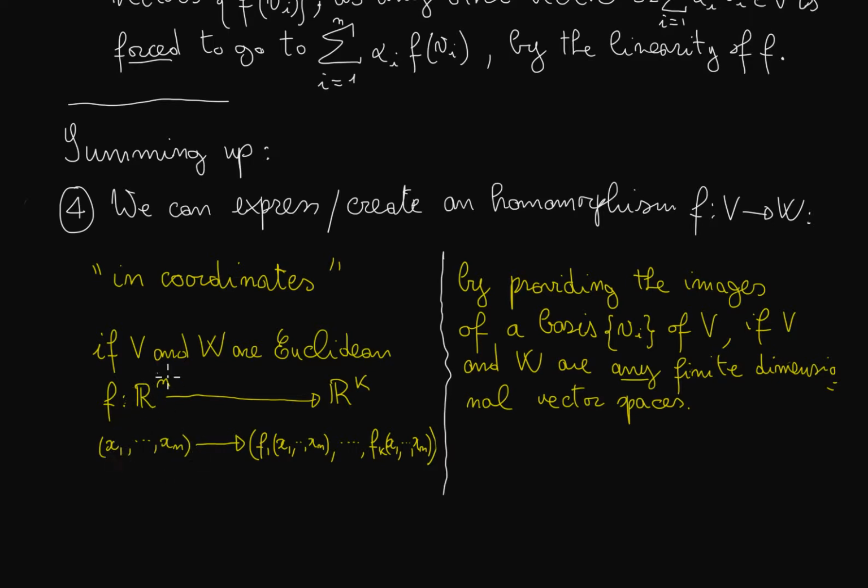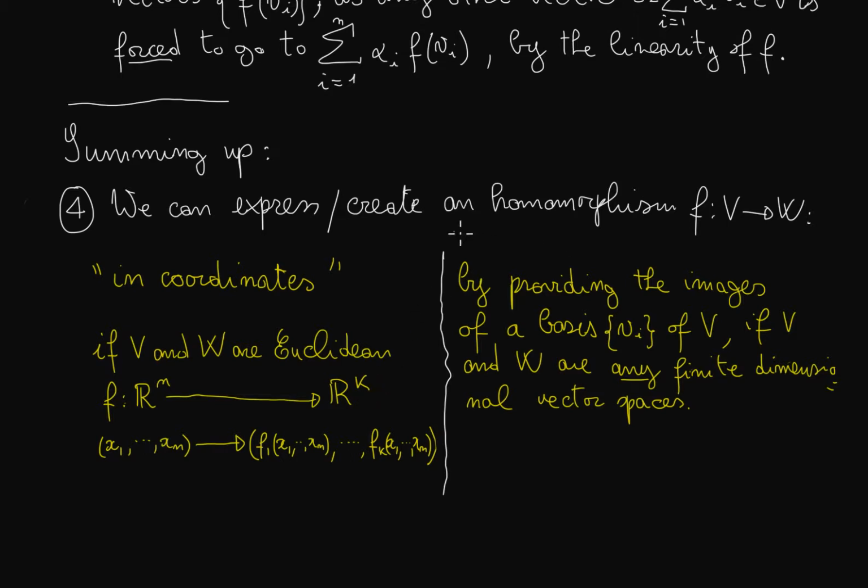We take a generic vector in R^n with coordinates x1 through xn, and its image will necessarily be of the form f1 of x1 through xn, where f1 is a linear function from R^n to R, and then f2 of x1 through xn, and so on up to fk of x1 through xn, where all the fi's are linear maps from R^n to R.